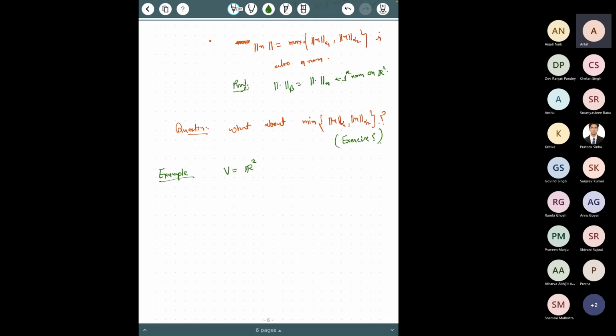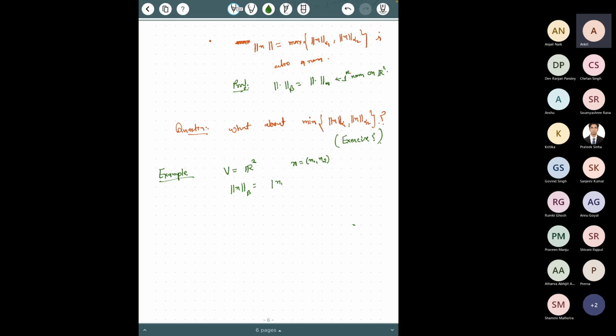and then you consider this norm. This is some norm. Let's say I'm just denoting it with this notation. So what is this? If x is (x1, x2), an ordered pair, or you take it as a column vector x1, x2, then how to define this?